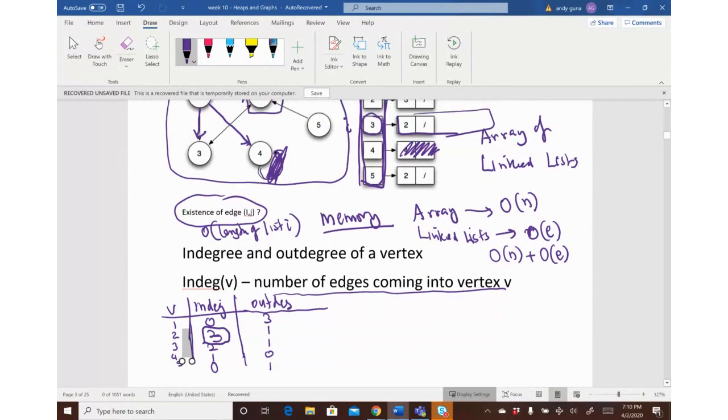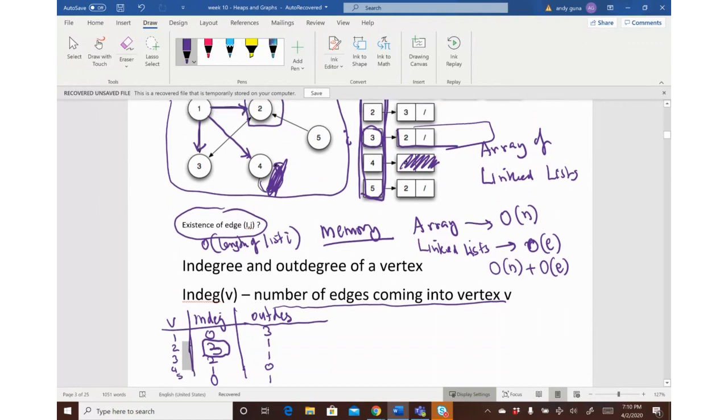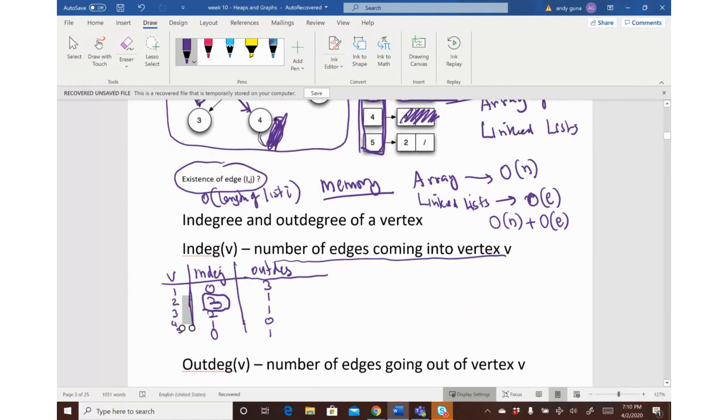Okay. Now let me ask you a question. If the graph is represented using an adjacency matrix, or the graph is represented using an adjacency list, to find the in-degree of a node, which representation is the most useful?